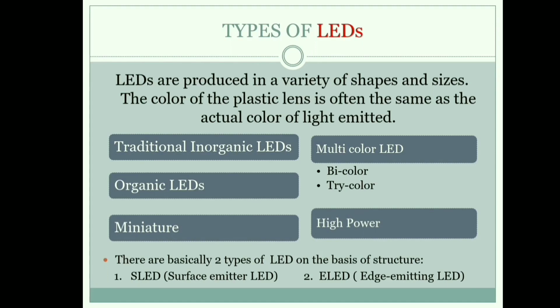Its types are inorganic LEDs, organic LEDs, miniature LEDs, that is, these small LEDs, multicolor LEDs, that too in bicolors or tricolors, etc., and high power LEDs. Additionally, there are two more types of LEDs based on their structure: surface emitted LEDs and edge emitted LEDs.